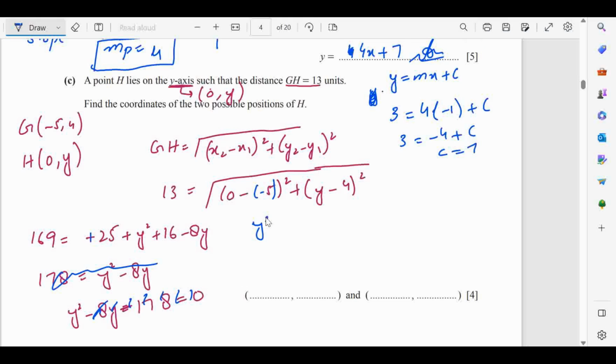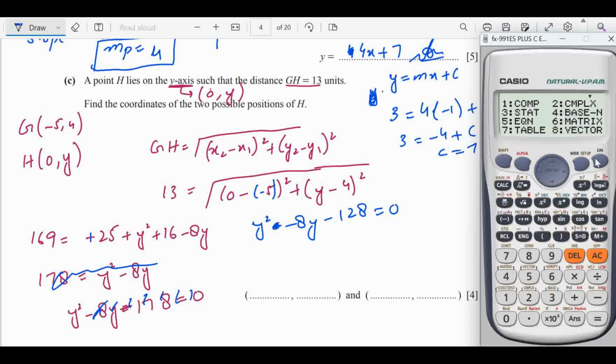So y square minus 8y minus 128 is equals to 0. Now we can directly use the calculator to find the roots, where a is 1, b is -8, c is minus 128.